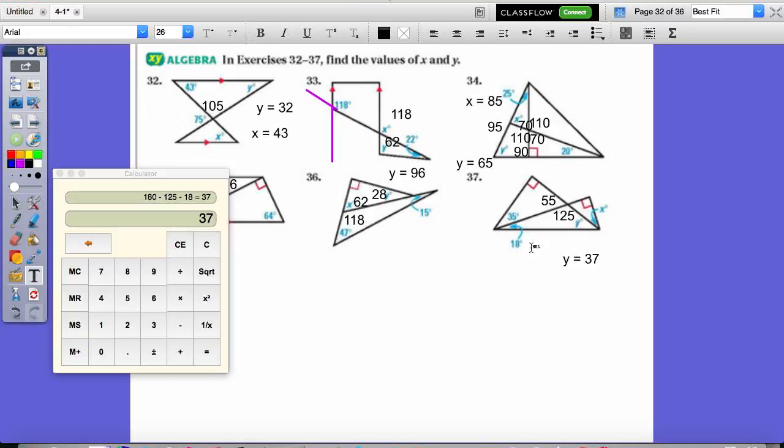And then for X, I need that little bit left there. So 18, Y, and X are going to equal 90. So 90 minus 18 minus 37 is going to leave X. And X is 35. So I hope this helped a little bit.